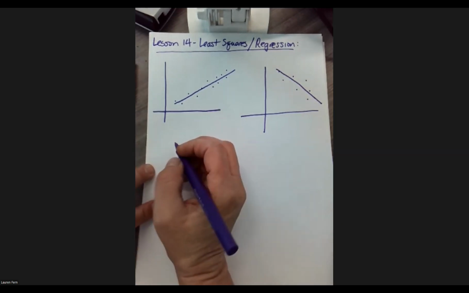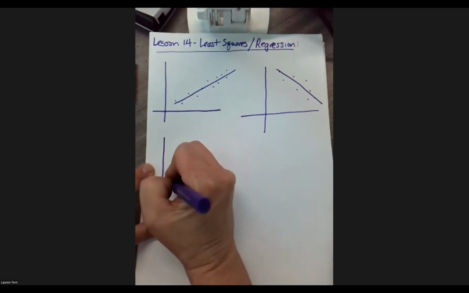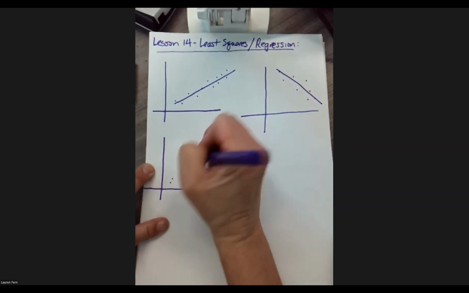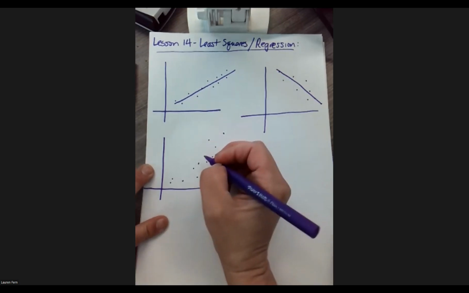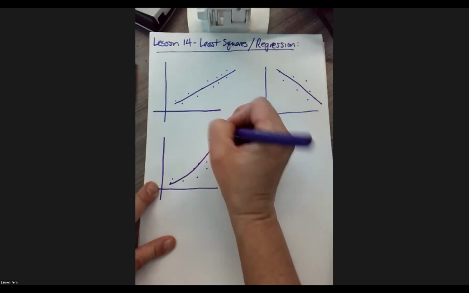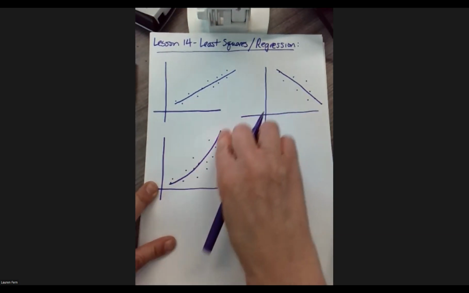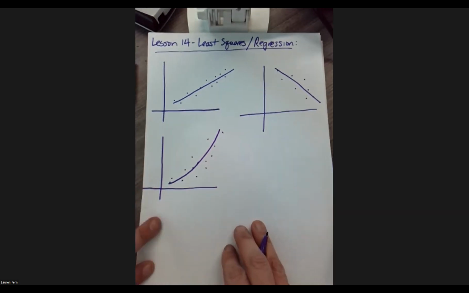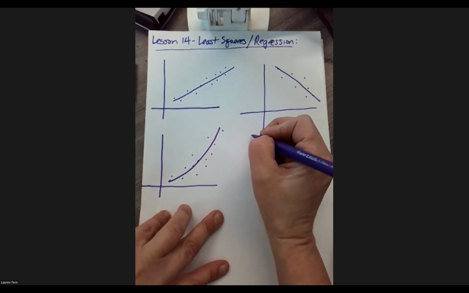Now, it's not just linear models that can happen. For example, a function that we study in other classes in mathematics are what we call exponential functions. I wouldn't try to draw a line to model this data, but we could certainly draw an exponential function to do such. We're not going there in this class.